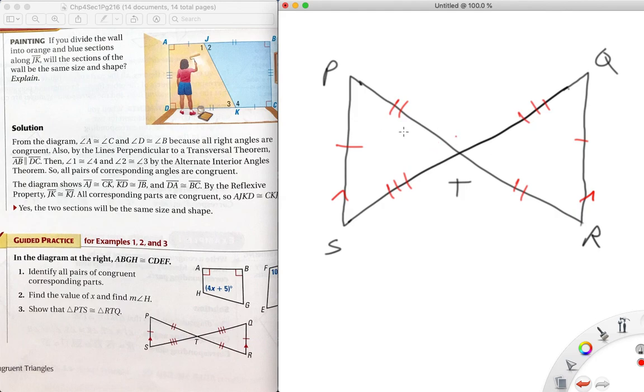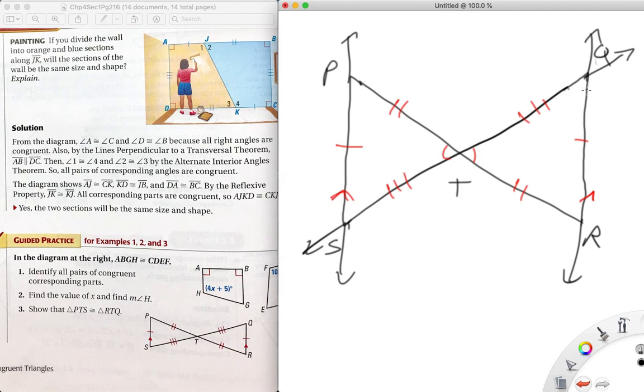Alright, so we have all the corresponding sides that we can say are congruent to each other, but we need angles. We know here that these are congruent because they're vertical angles. This is a parallel line, right? So if I was to expand it out, this line, QS, would be my transversal for these two parallel lines.